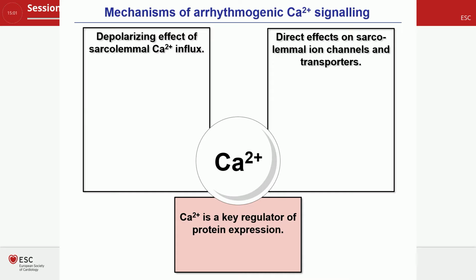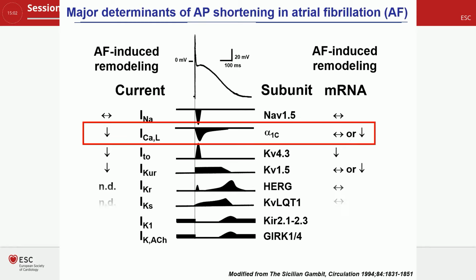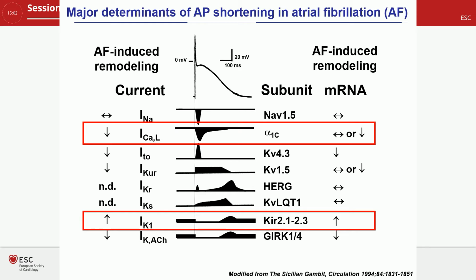Briefly, I would like to come to the last point, because I didn't want to leave this out. Calcium is a key regulator of protein expression. Exemplarily, I would like to introduce two excellent studies from the group of Stan Nattel, who showed that calcium itself contributes to the downregulation of the L-type calcium current and the upregulation of the IK1 current, which I told you are hallmarks of atrial remodeling in patients with chronic atrial fibrillation.